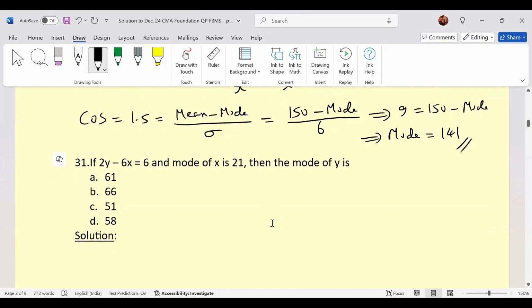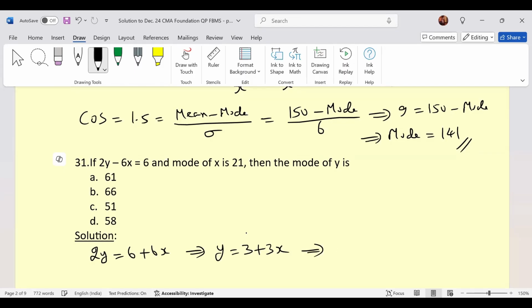If 2y minus 6x equal to 6 and mode of x is 21, then what is the mode of y? Let me rewrite this equation. 2y equal to 6 plus 6x. That means dividing both sides by 2, y is equal to 3 plus 3x.